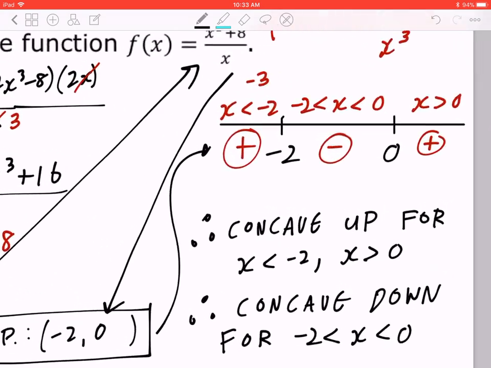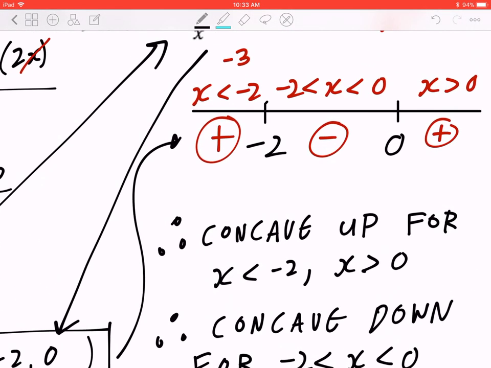Now, the only thing I want to add, of course, is the fact that the vertical asymptote exists at 0. You can draw a circle there just to kind of block that out. And technically, that's not an inflection point, so that's also not part of your consideration. Okay.